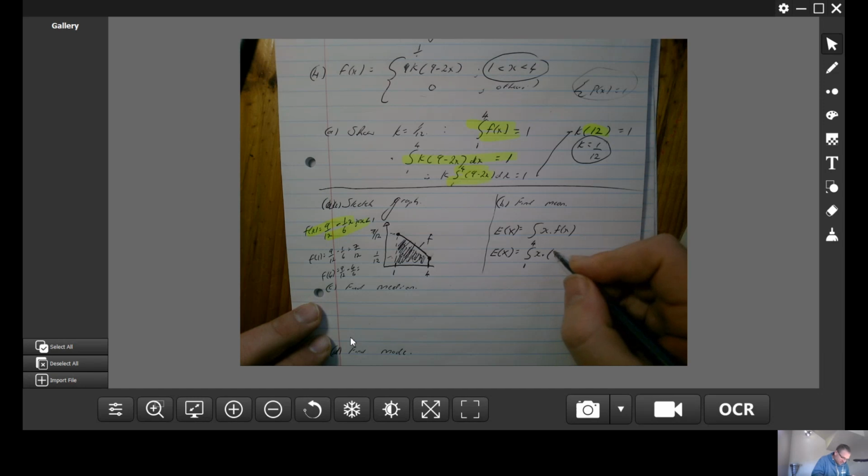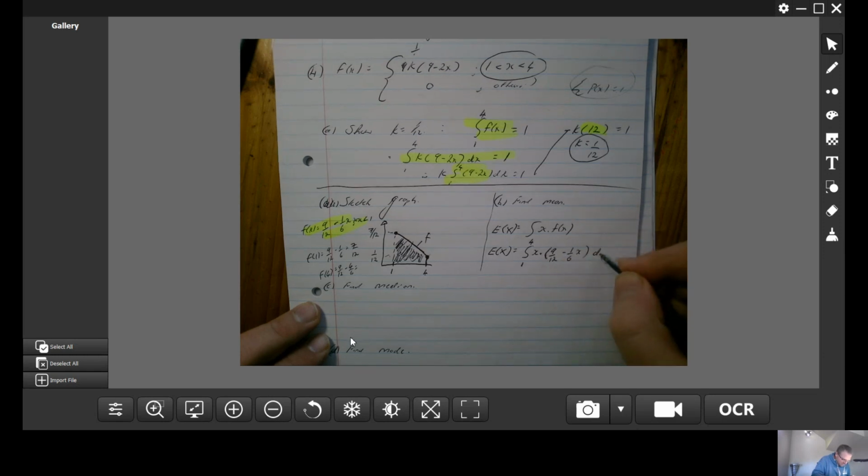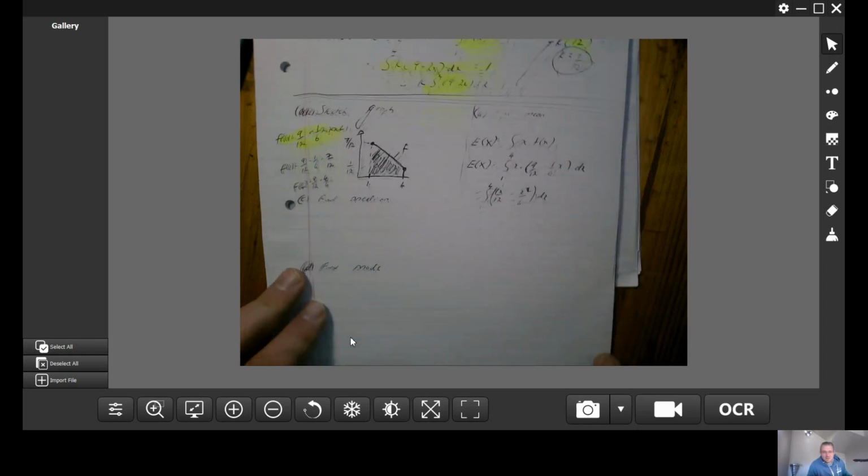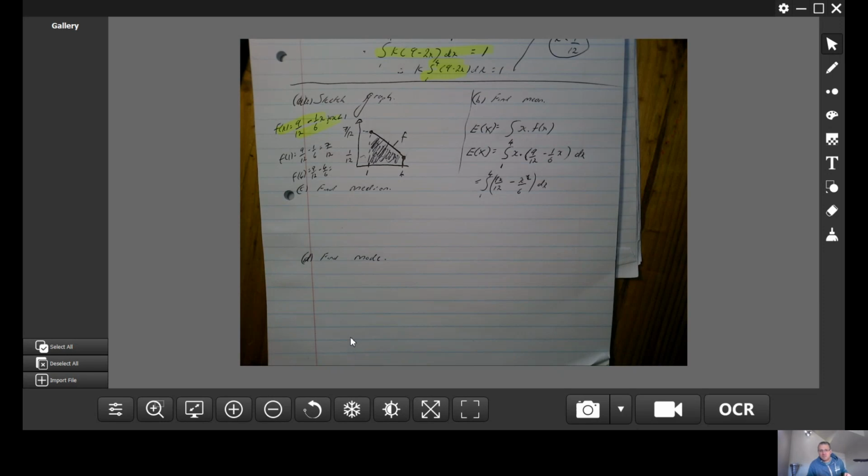9 over 12 minus x over 6 with respect to x. If we simplify that, it's the integral between 1 and 4 of 9x over 12 minus x squared over 6 with respect to x.